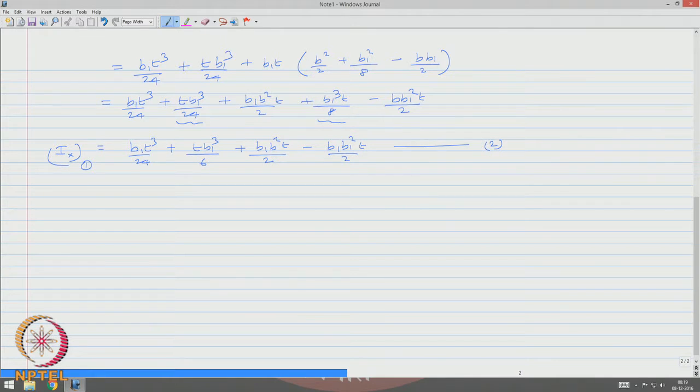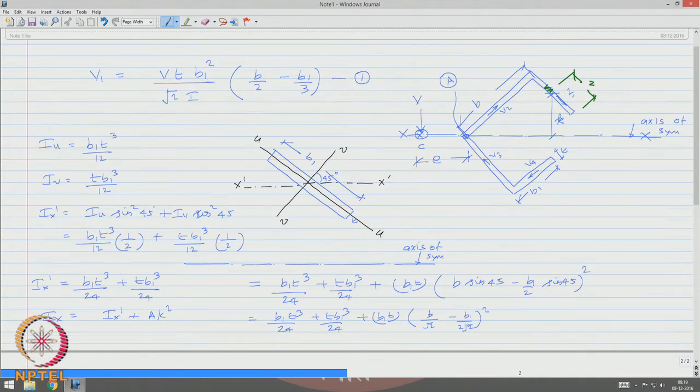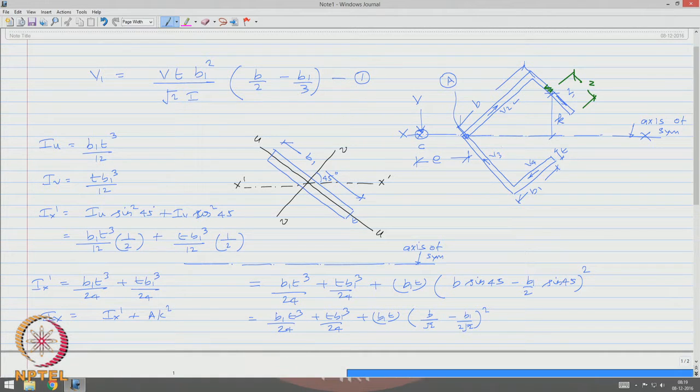Now, let us look back at this figure. If I take moment about the point A, since V2 and V3 pass through this point, they will create no moment. Only V1 and V4 will create moment.